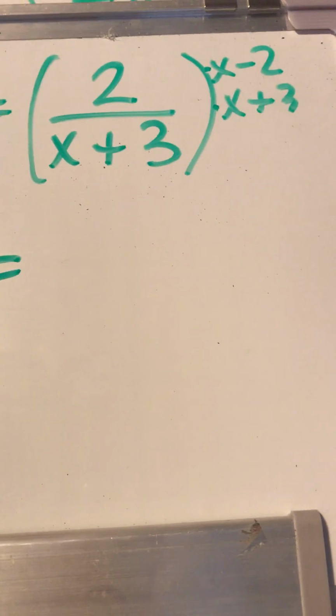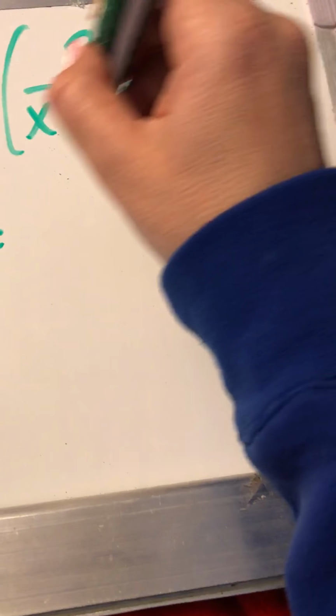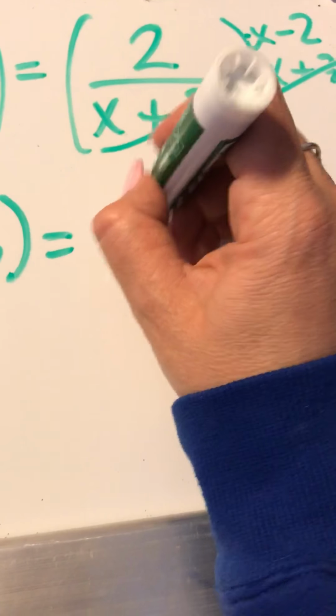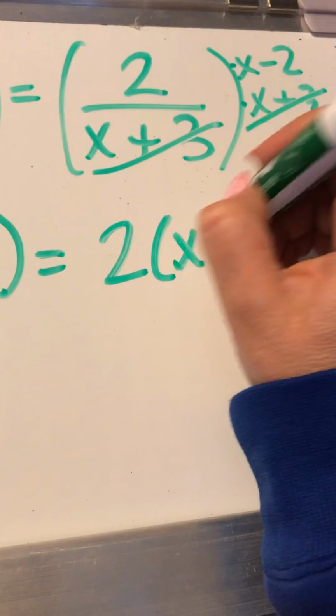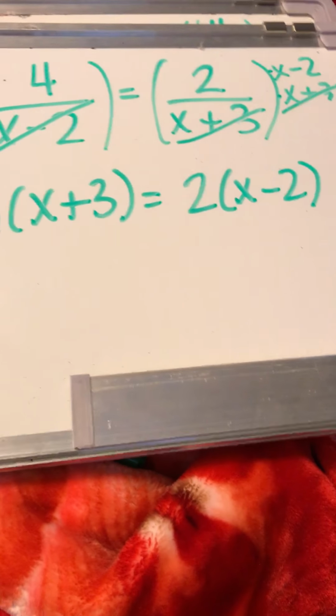We come over here, multiply this term by x minus 2, x plus 3. Our x plus 3's cancel out, and we're left with 2 times x minus 2. Now this looks like a much simpler equation.